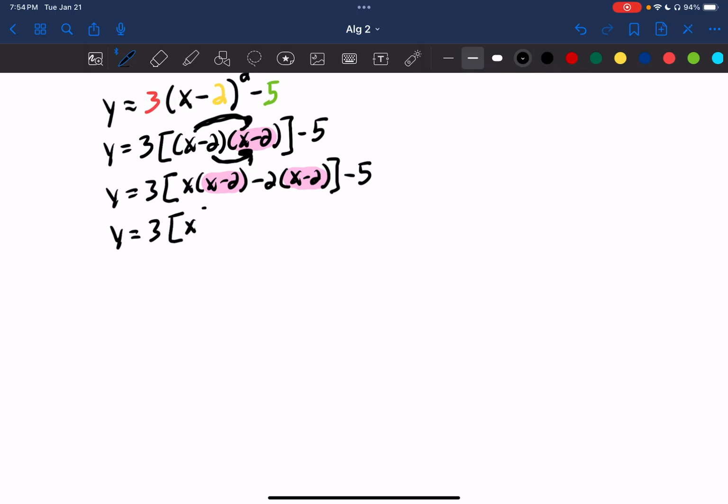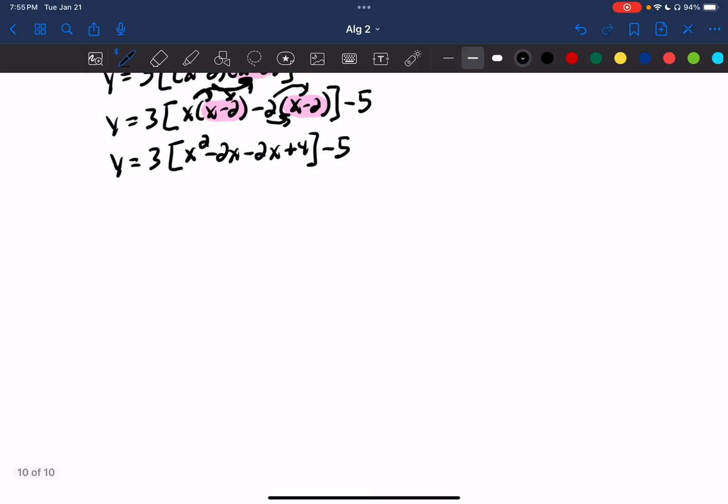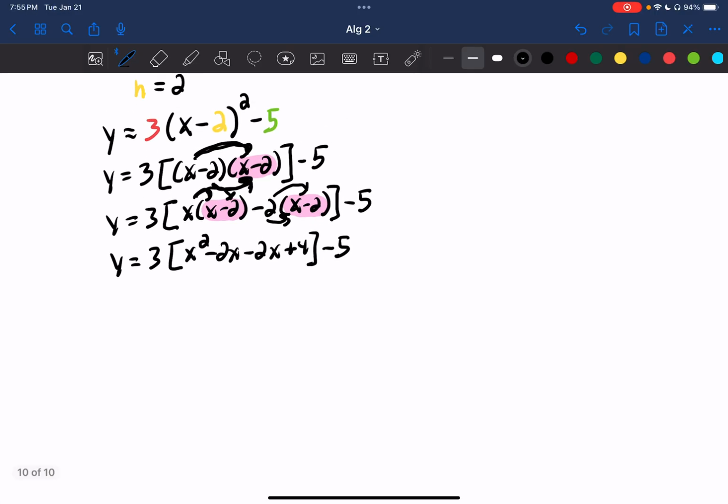That would be x times x is x squared, x times -2 is -2x. Same thing over here. -2 times x is -2x. -2 times -2 is +4. All of that still in our brackets with our -5 at the end. I like the colors just for the -5. We're going to make that green.